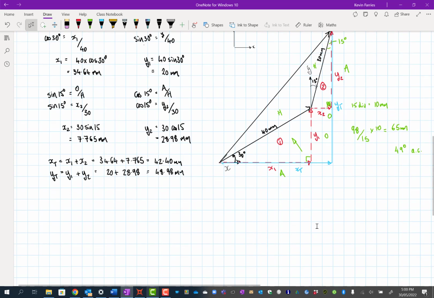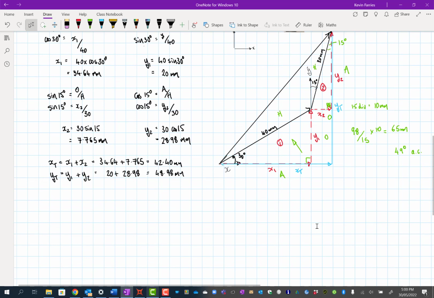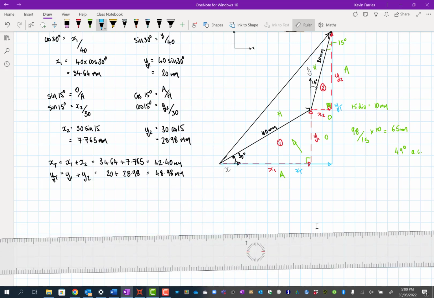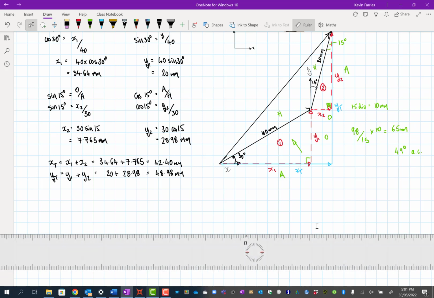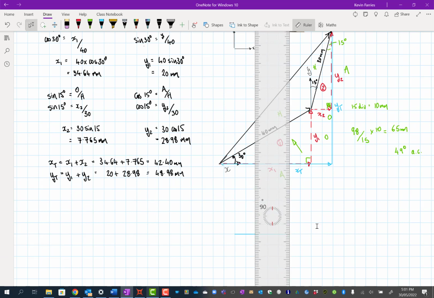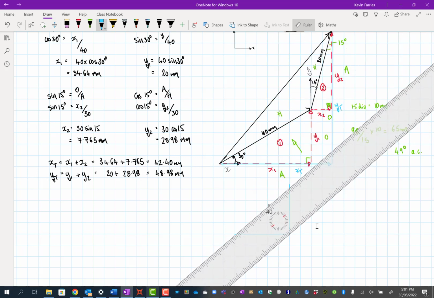Okay, let's just redraw, or do we have to? Yeah, we should. Let's quickly redraw that. I'm not going to do it to scale, but I'll do a very quick sketch of that resultant. So I'm taking x total like so, y total like so, and the resultant goes between them.